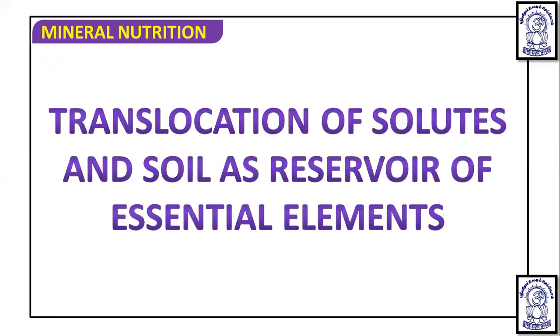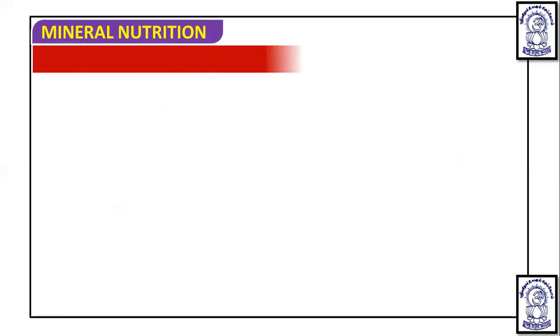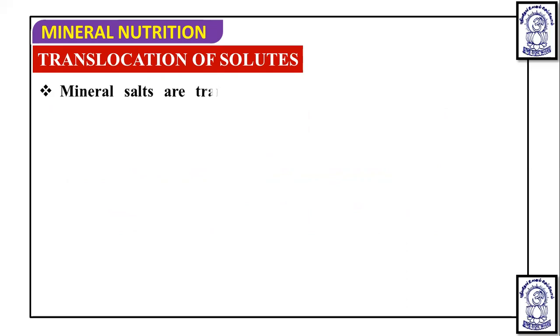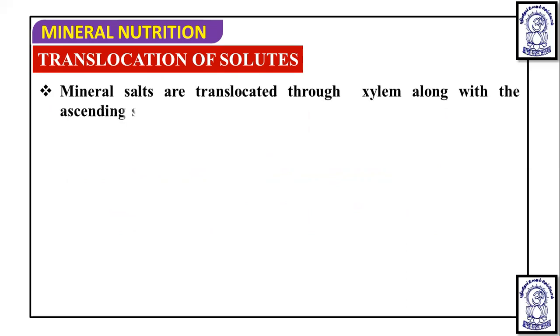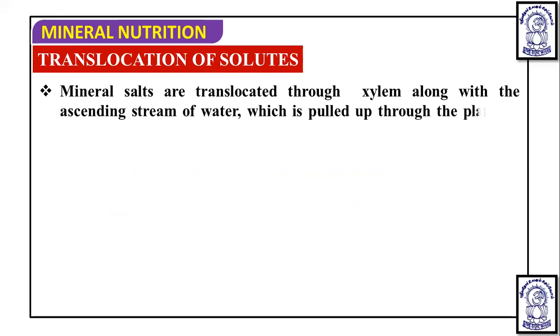Now, after this, we discuss the translocation of the solutes. Whatever solutes have reached the xylem of the root from the soil through the epidermis, cortex, endodermis, and ultimately the xylem, how are they translocated to the different parts of the plant?